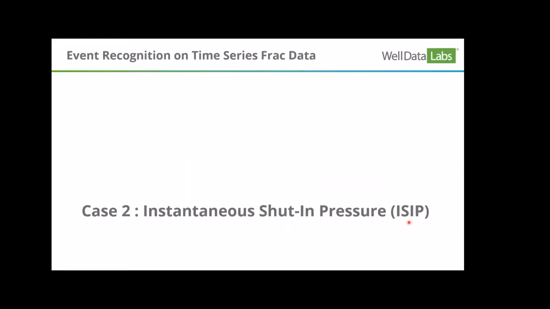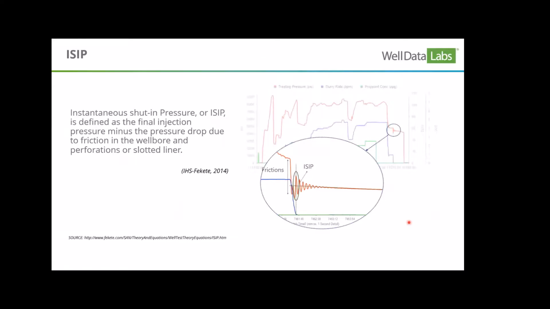So our second case of study is the instantaneous shutting pressure, or ISIP. Here's a definition of the ISIP: it's the final injection pressure minus the pressure drop due to friction in the wellbore and perforations or slotted liner.